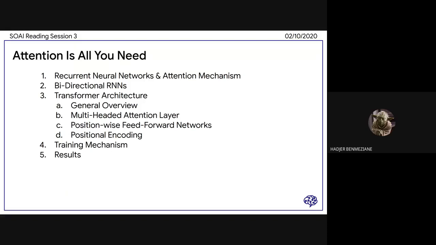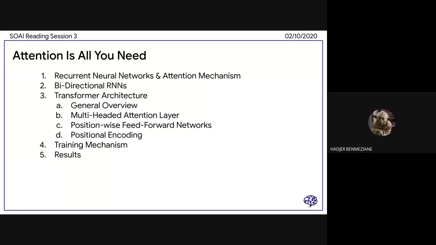So first, we're going to talk about recurrent neural networks and the attention mechanism, talking about the seq-to-seq models, etc. And then we're going to briefly describe what bidirectional RNNs are, and then go into the details of the paper, describing what the Transformer architecture is, the general overview, and the multi-headed attention layer used in this paper.